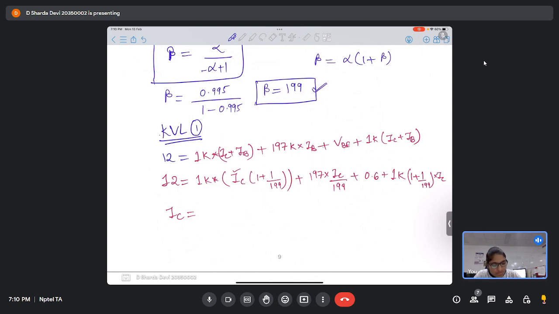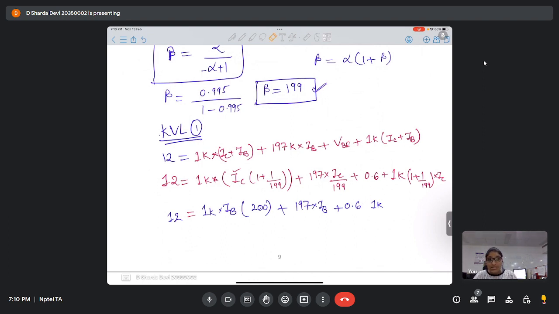Or if it looks very dangerous, what you can do is simplify it in terms of IB. That will make the equation look very decent and easy. So it will be simply 200 plus 197 into IB plus 0.6 into 1K. 5.66 milliamperes.